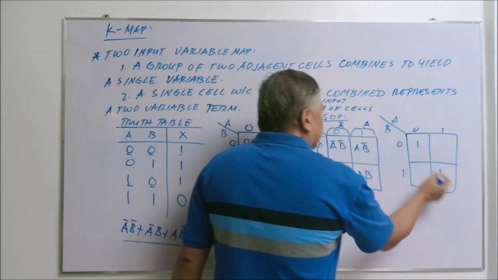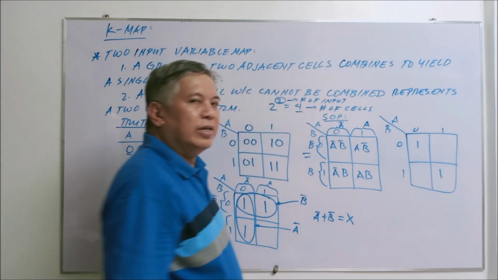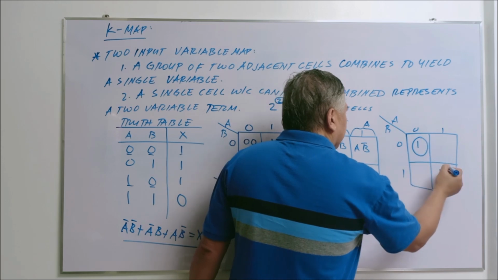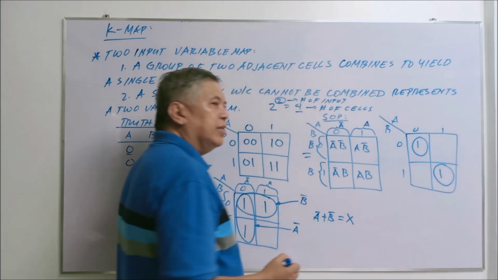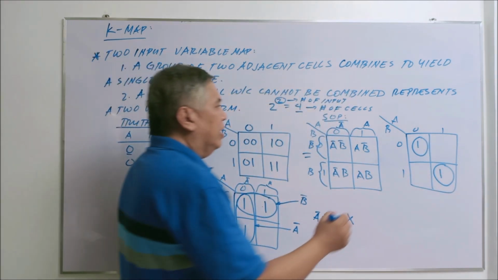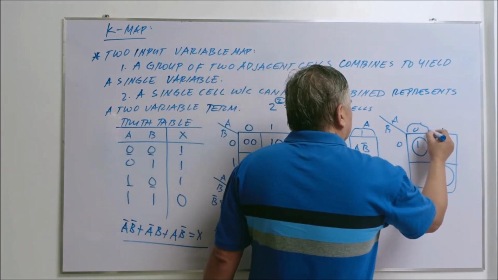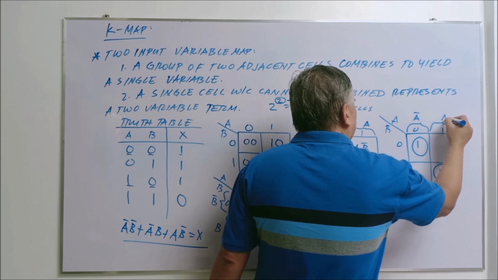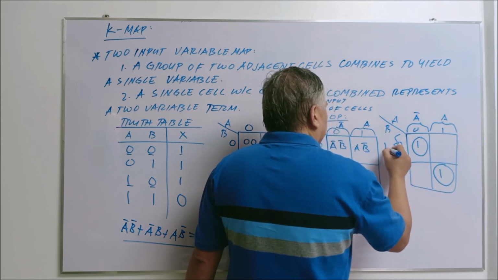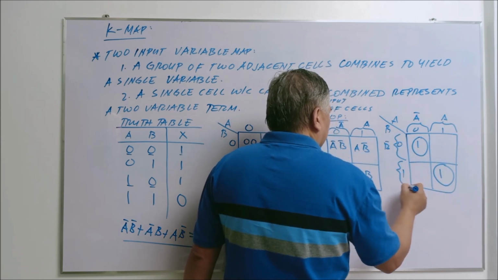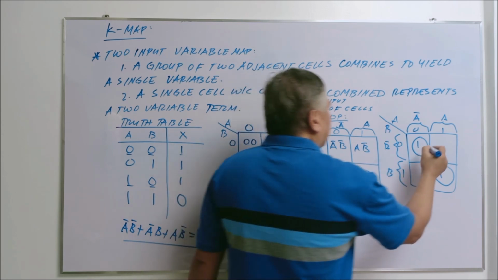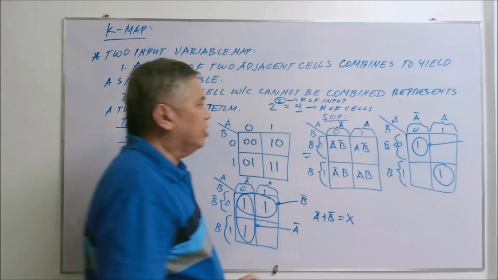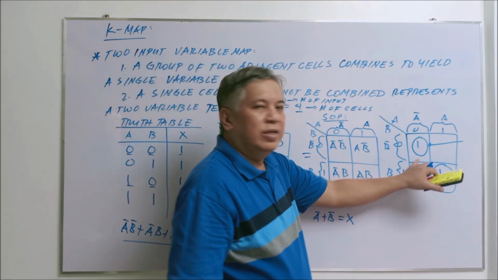So these two cells are not adjacent, so they are grouped individually. Since they are not adjacent, and we know that this one here is under A bar, and this is A, this is B bar, and this is B. So what will be our equation or variable term for this particular cell?